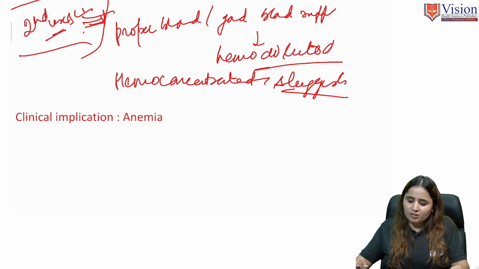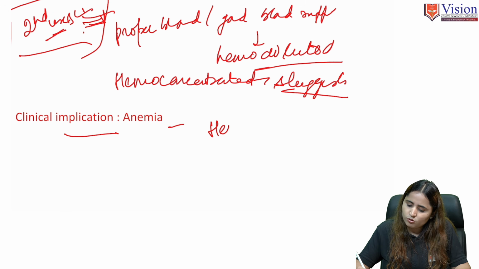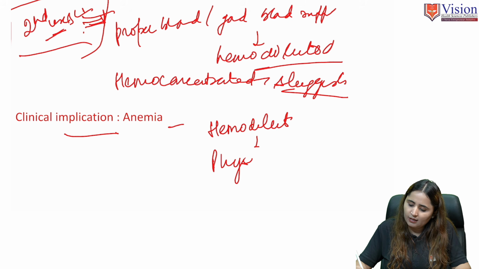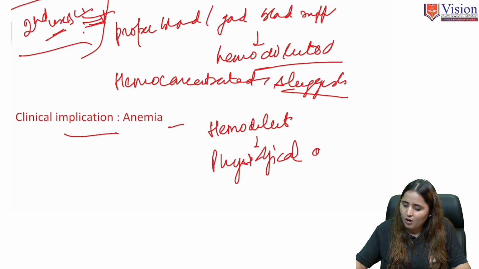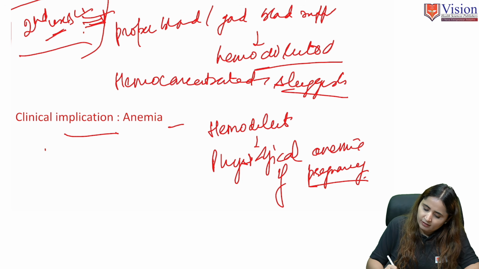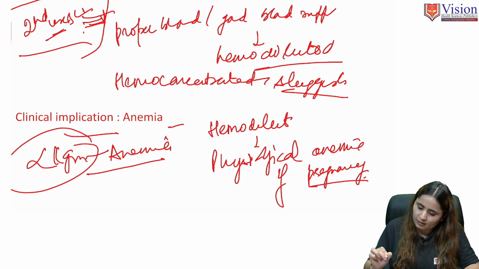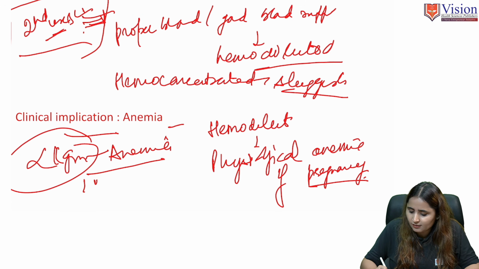And the clinical implication of this hemodilution is anemia. Due to hemodilution, there is physiological anemia of pregnancy. We know that in pregnancy, if the HB level is less than 11 gram, we call it anemia.